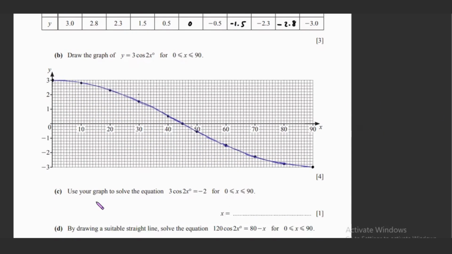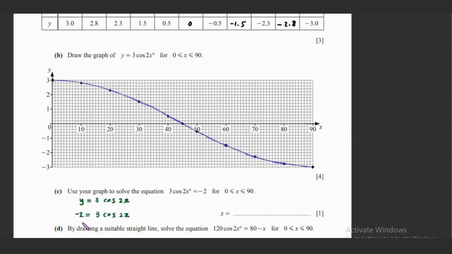In part C, use the graph to solve the equation 3 cos 2x is equal to -2. So to solve this, now we know the equation of the graph is y is equal to 3 cos 2x. Next we have 3 cos 2x, which is equal to -2.